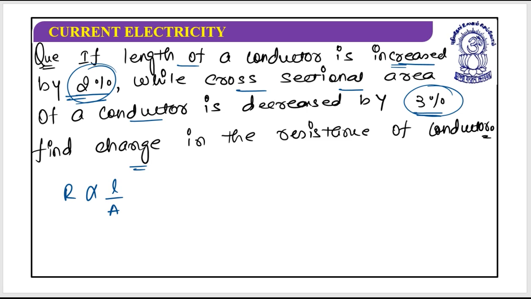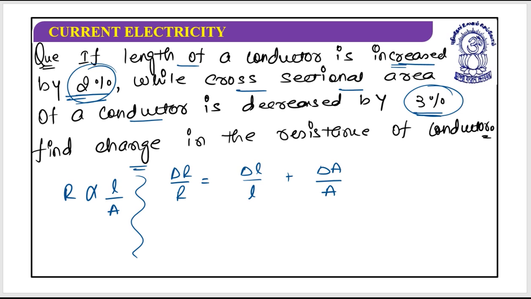So we can use the relation of errors, but with some care. If I write delta R by R equals delta L by L plus delta A by A, is it correct? Let's check.